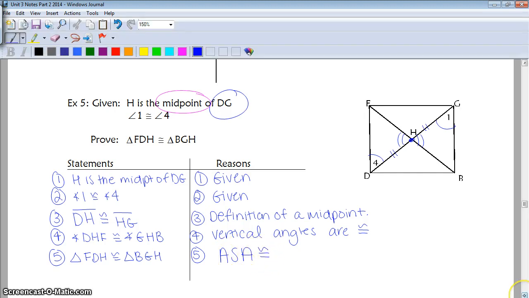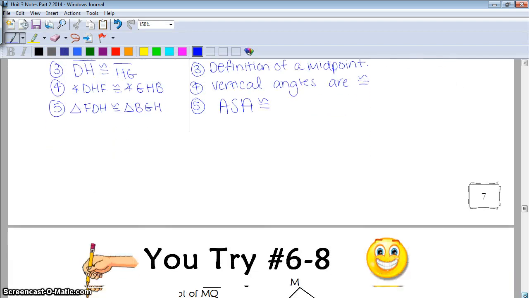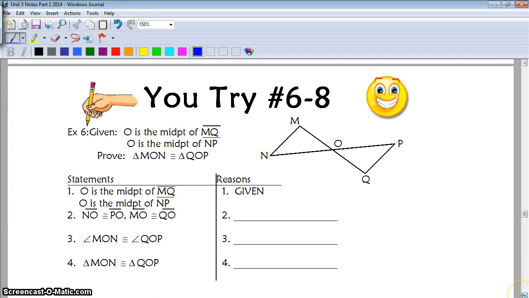Go ahead and flip the page over. We have 3 examples left. It does say you get to try, with such a happy face. Now, I want you to go ahead and pause this and take a couple minutes, 5, 10, however long it takes, and try and do 6, 7, and 8 on your own. You'll see some of them all you need to fill in are the reasons.